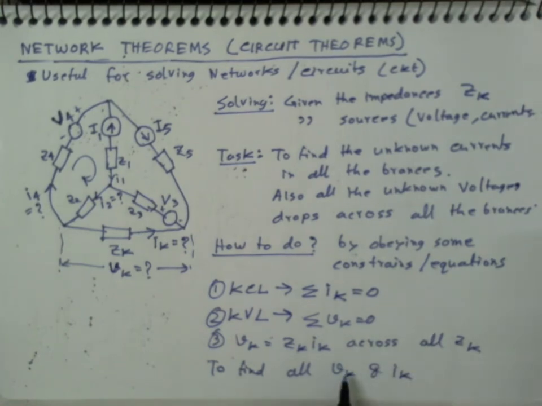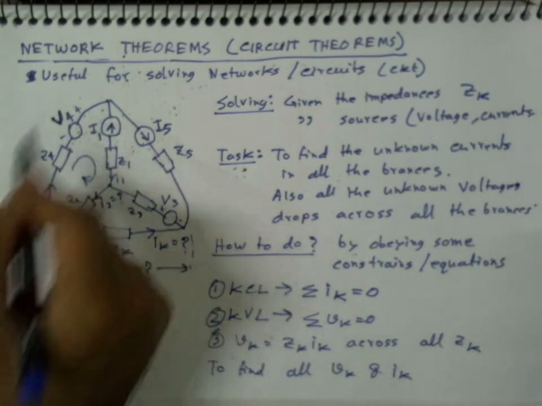If we can find a set of currents Ik and a set of Vk's which obeys all these equations, KCL, KVL and this one, then we call that the solution for this circuit.